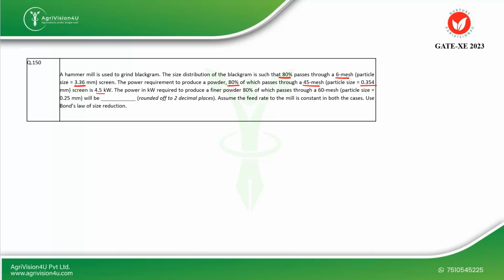Now the power in kilowatt required to produce a finer powder, 80% of which passes through a 60 mesh particle size of 0.25 mm, will be how much? We have to calculate and round off to 2 decimal places. Assume that the feed rate to the mill is constant in both cases. You have to use Bond's law of size reduction.